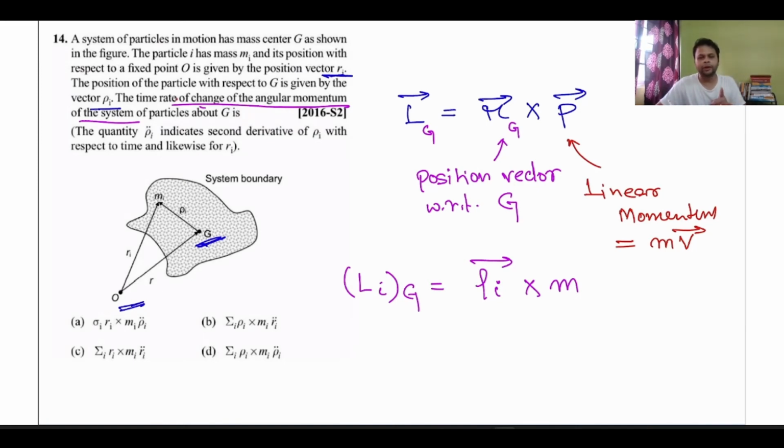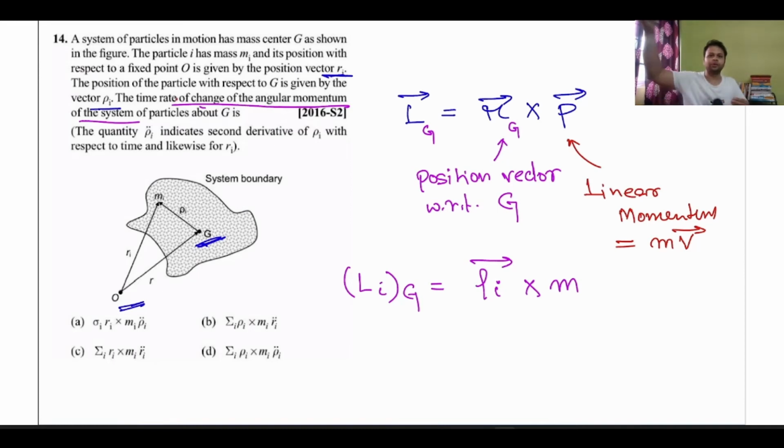Now, how to find the velocity? Velocity is the derivative of the position vector. This position vector has to be about a fixed point, that is O, because whenever you are finding velocity, the position vector always has to be from the origin.